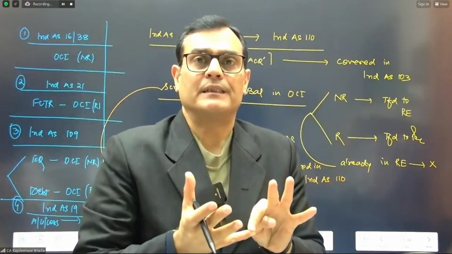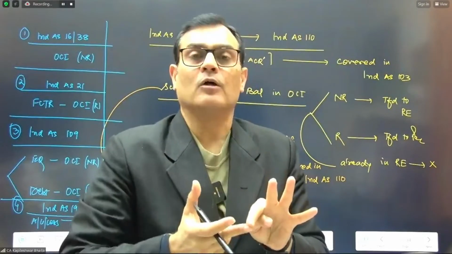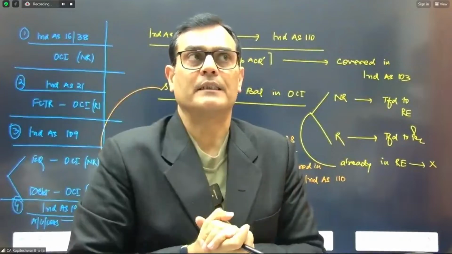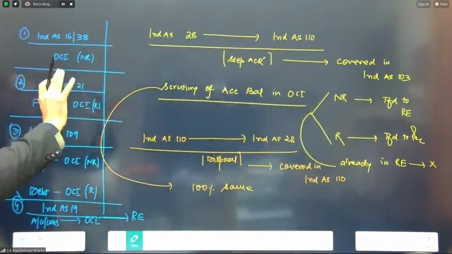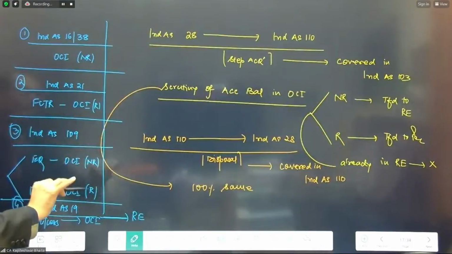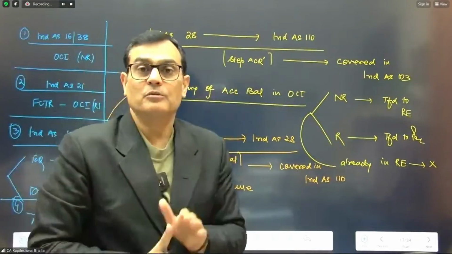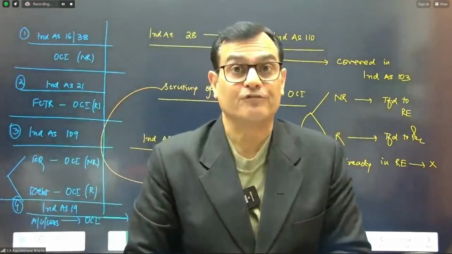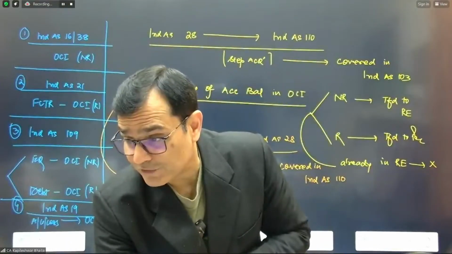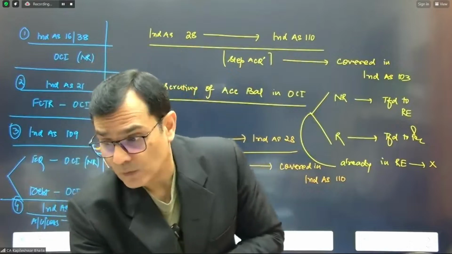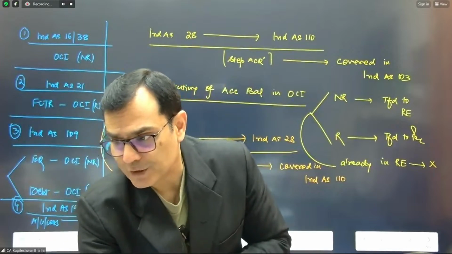It's either 16/38, or 109, or 21, or 19. Life done. So this is something which we will learn later on in 109. At that stage, I will do a conceptual understanding further. But I hope this helps. Okay, so this is good and clear. Wonderful indeed. Now, let's go further.